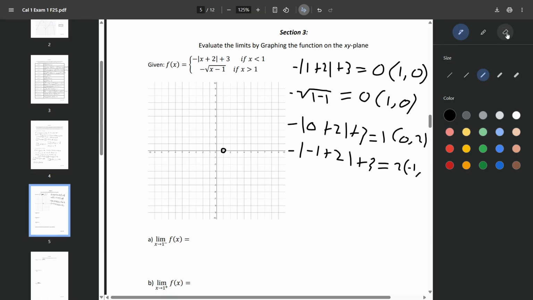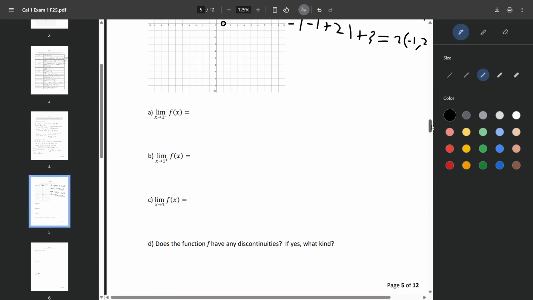Oops, I accidentally wrote this incorrectly. It's gonna be 1. It's gonna be 1. So 2 here.